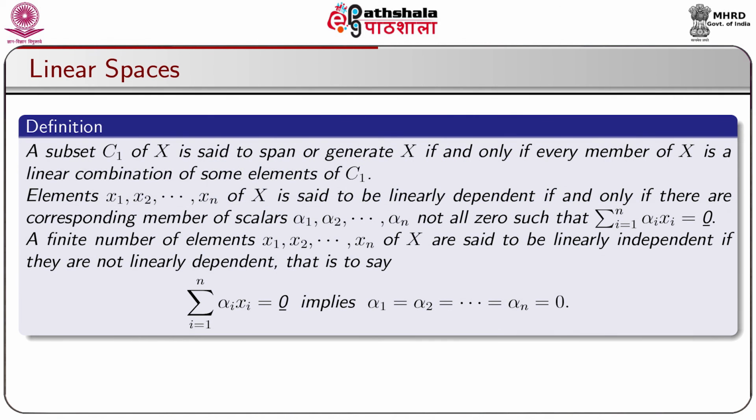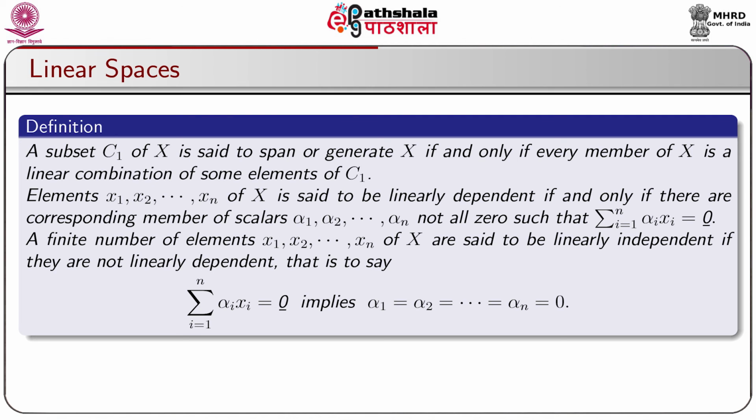Elements x1, x2, ..., xn of capital X are said to be linearly dependent in X if and only if there are corresponding scalars alpha 1, alpha 2, ..., alpha n, not all 0 simultaneously, such that sigma i equal to 1 to n alpha i xi is equal to the 0 vector.